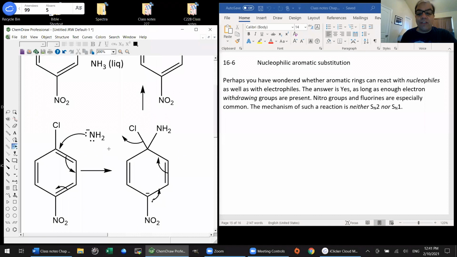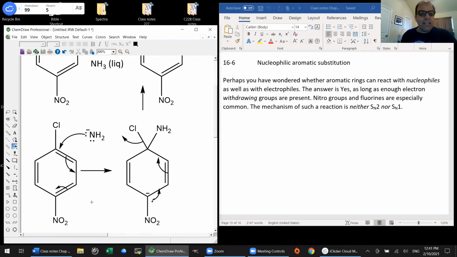So it's essentially a two-step process, but again, this is not SN2 and it is not SN1. The way you know it's not SN2 is because there's two steps, SN2 reactions are one step. And the way you know it's not SN1 is because SN1 reactions go through a carbocation.